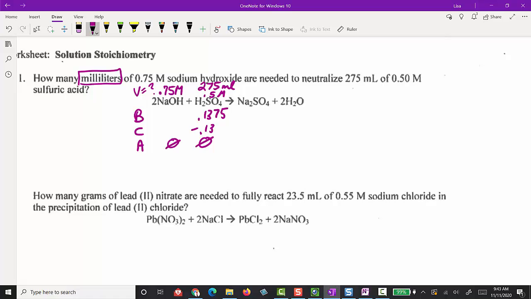And it's a 1 to 2, so times 2. So my change for the sodium hydroxide, oops, I didn't need that minus there.